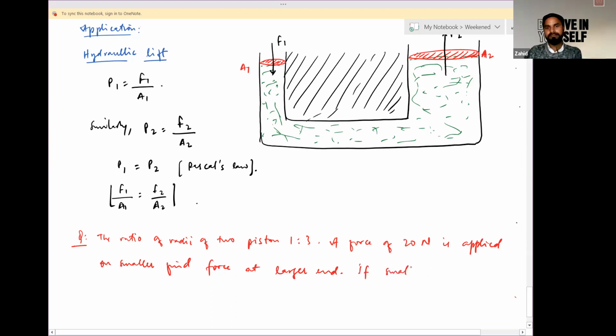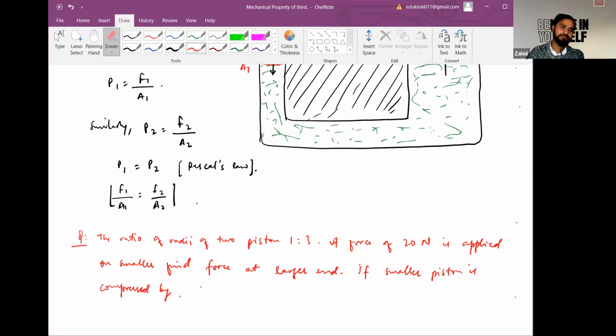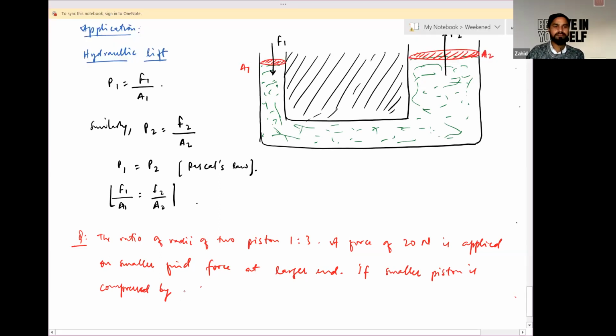If the smaller piston is compressed by 20 centimeter, find elongation at the larger piston.